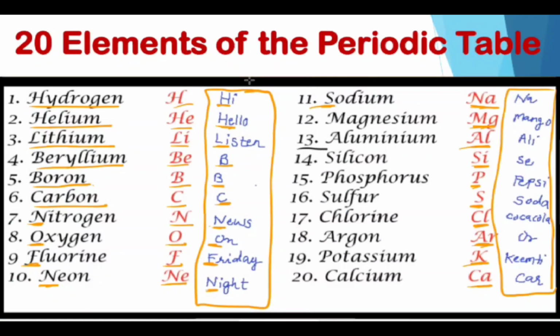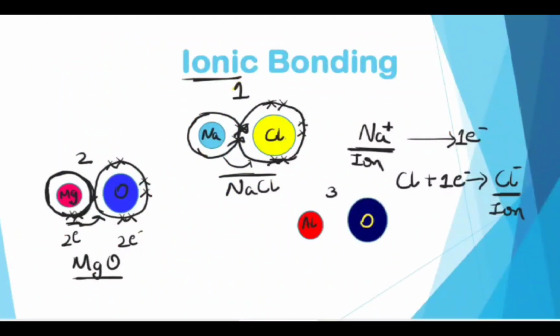Here we have aluminium. It has 13 electrons. What about oxygen? It has 8 electrons. Let's see how it goes. 13 means 2 and 8, 10. And so the outermost shell has how many? 3 electrons.